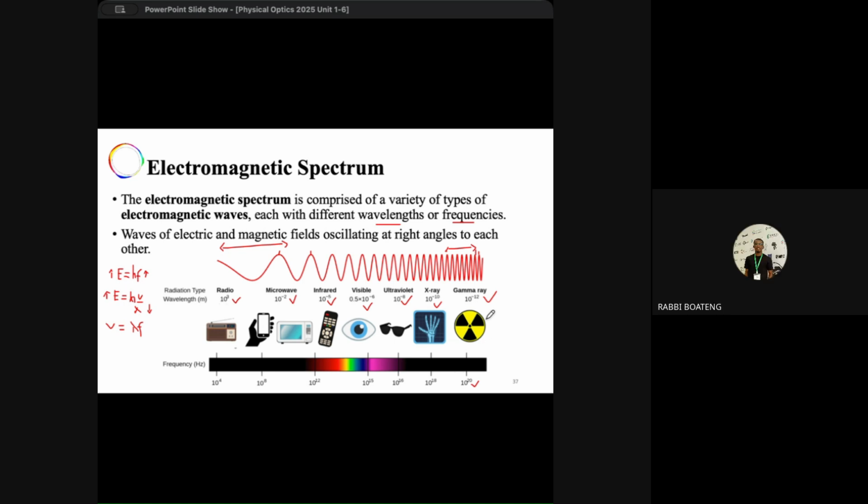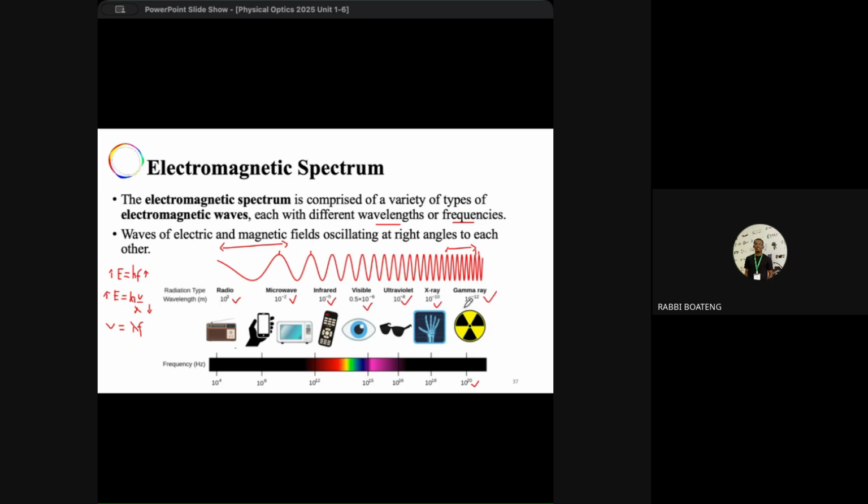With the electromagnetic spectrum, this is how it is arranged. We don't change anything. You can't bring ultraviolet first and bring this one second. This is how we arrange it. It's supposed to be in order like this, either ascending or descending, the 7 radiations.